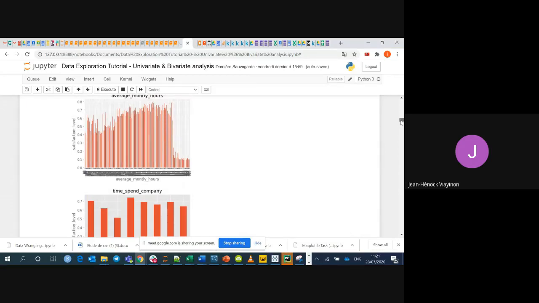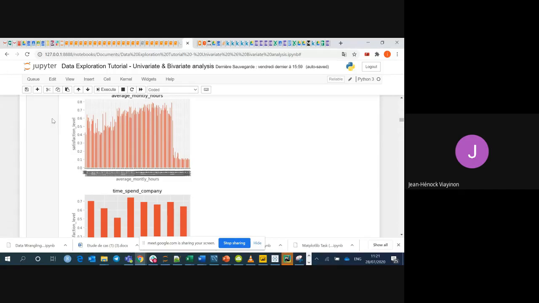But the most important thing here is to not explore at random. Why did I choose the satisfaction and use it to explore against all the other quantitative variables? As I explained, from a first view, the more you are satisfied, the longer you will stay in the company.